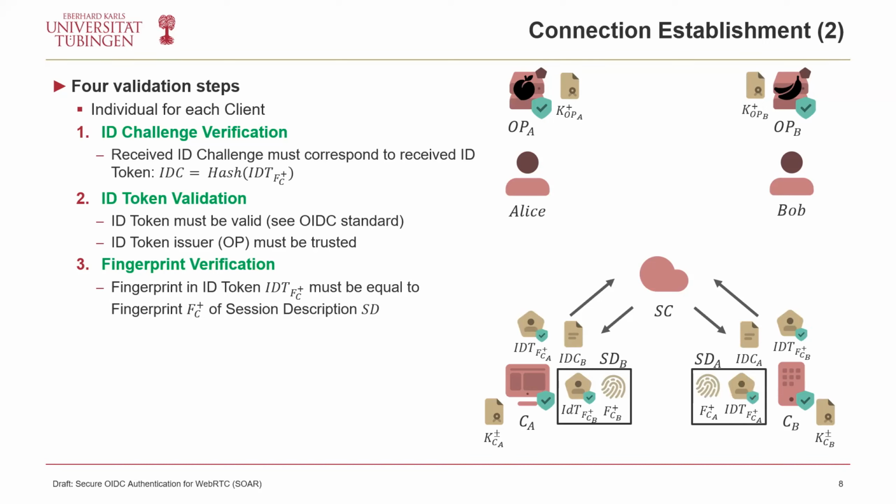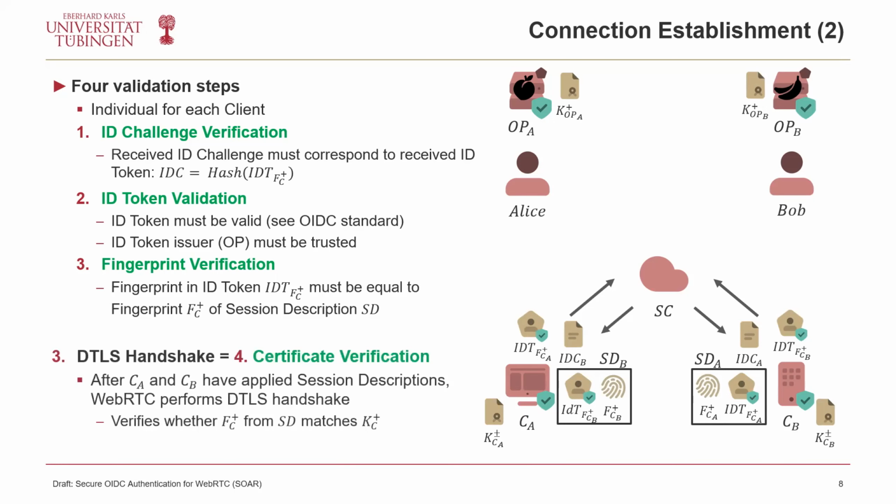Now the fourth step is we must verify that the remote client owns the private key of the certificate. And this is also the third step of the connection establishment. And this happens in the DTLS handshake.